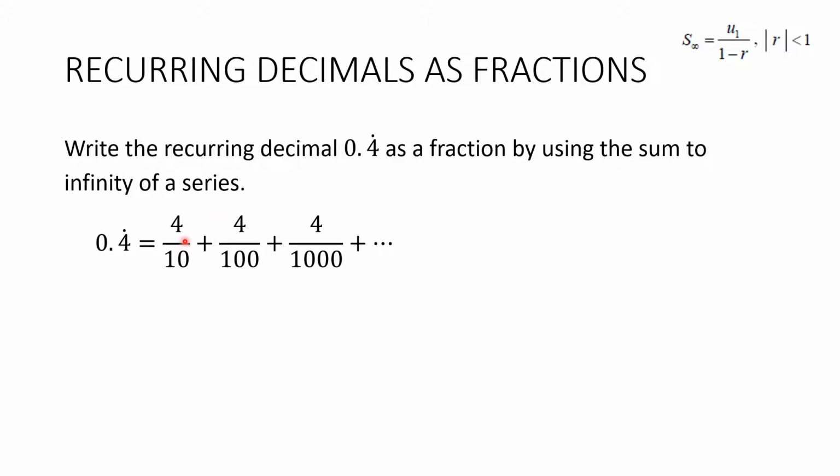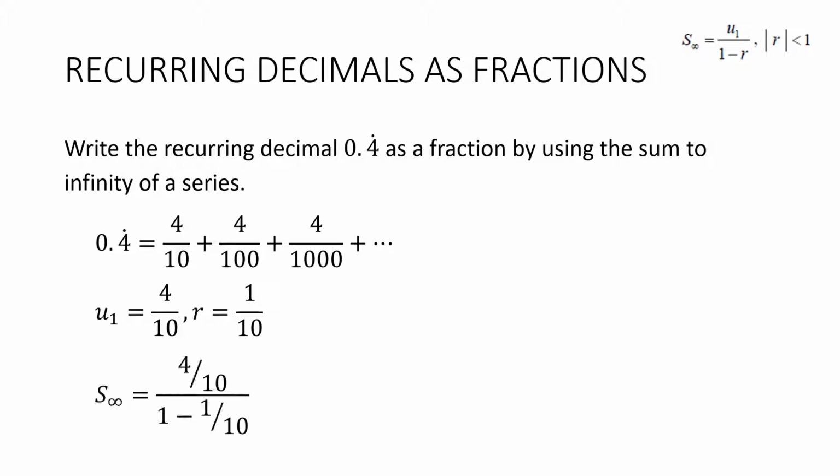What am I doing to this to get this? I'm multiplying it by 1/10. Can you see that? First term is 4 over 10. So u1 is 4 over 10, r is 1 over 10. Let's put it into the formula. 4 tenths divided by 1, take away 1/10, that's 9 tenths, is 4 ninths. So 0.4 repeater can be rewritten using this method as 4 ninths.